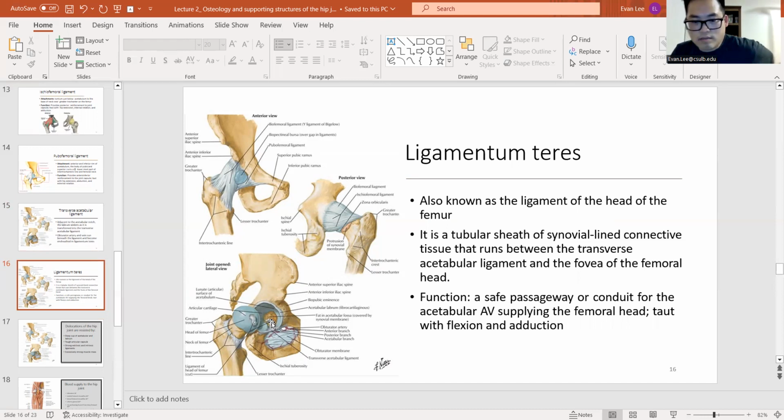So this is going to be a place where blood vessels can travel through. This is important. It is going to be taut during flexion and adduction, being that it's inside of the femur here, and when you move them in that way, it'll be taut.